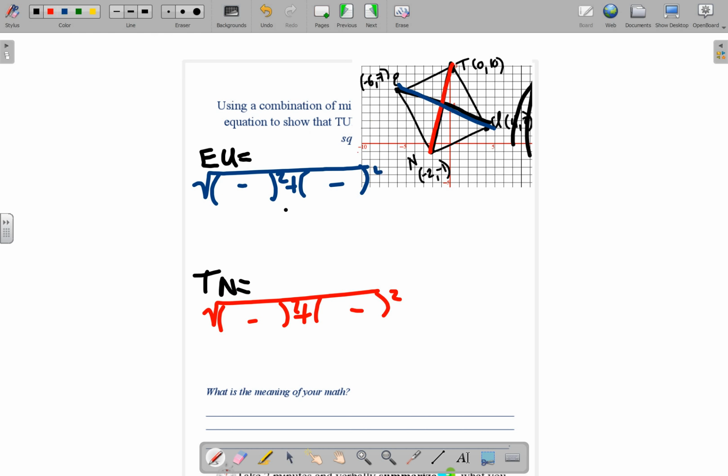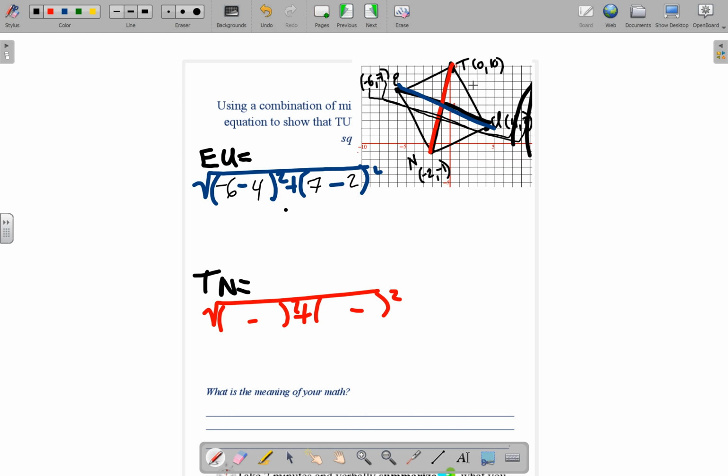Let's plug in our numbers. E to U, let's connect X to X. That's -6 to +4. Connect your Y's. That's 7 and +2.